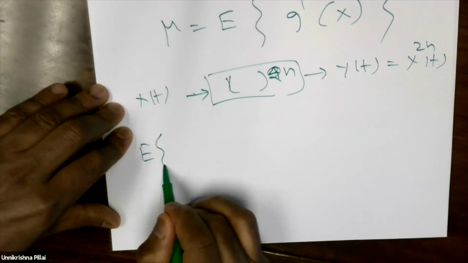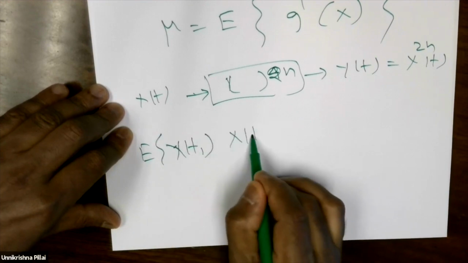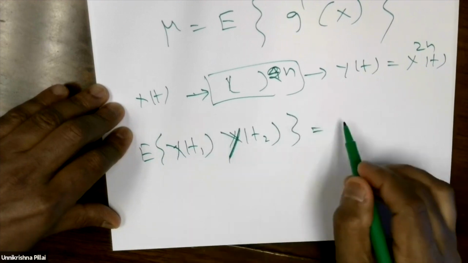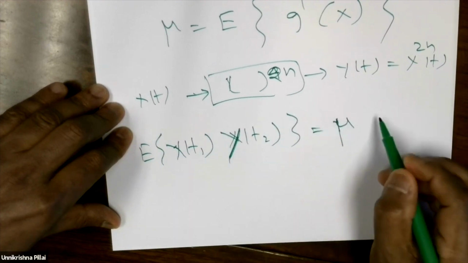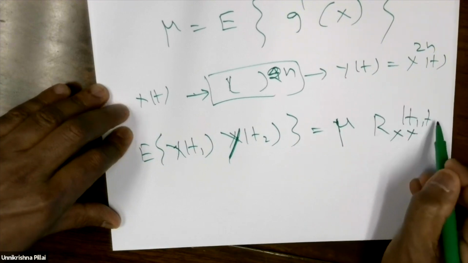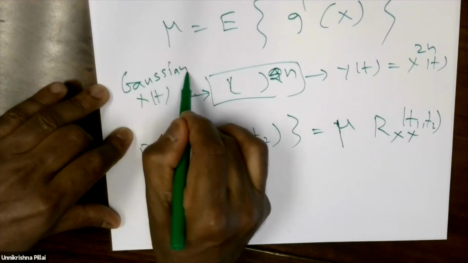So my question to you is, can anybody tell me what is x of t1 multiplied by y of t2? According to this theorem, it is mu multiplied by R_xx of t1 comma t2, because we are dealing with a Gaussian process.